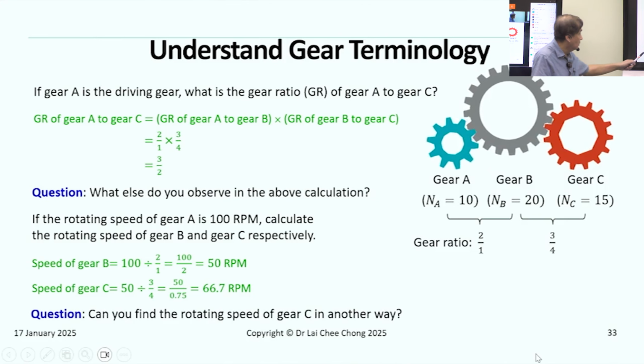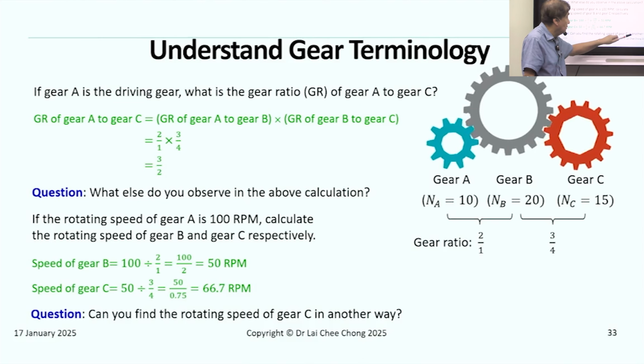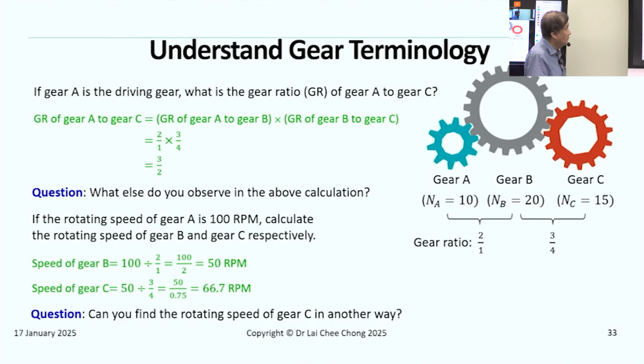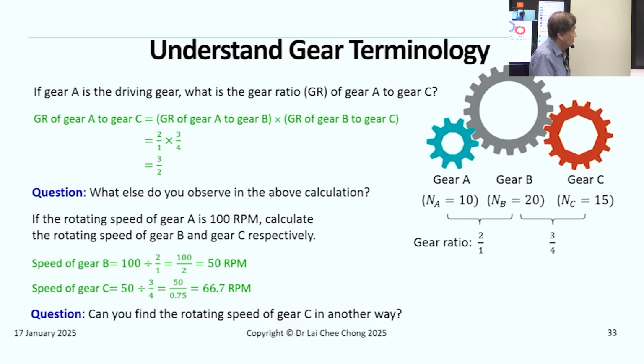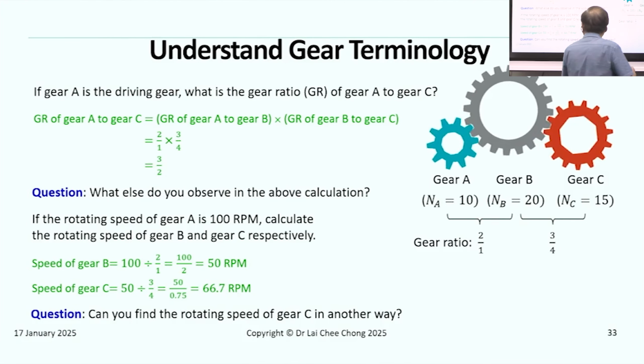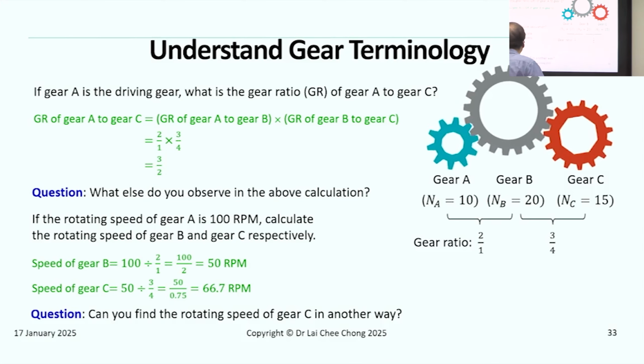Now, can we find the rotating speed of gear C in another way? Can we do it in another way? Let me ask this question. Can you look at the gear ratio of these two and tell me what the gear ratio of these two is? What does it mean?